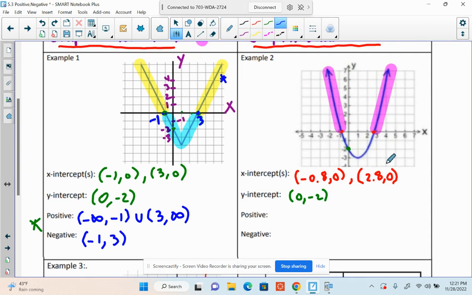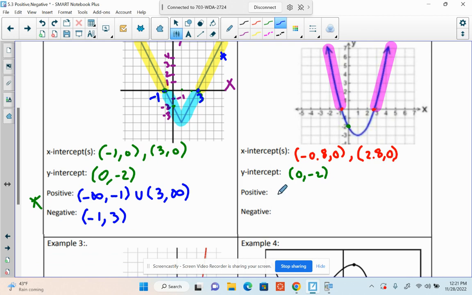And it's going to be the intervals, for which x values. So from -∞ up to -1, it is above the x-axis. And then again from 3 to infinity, it's above the x-axis. Notice it's going up forever, but it's also spreading to the right. So from 3 to infinity.